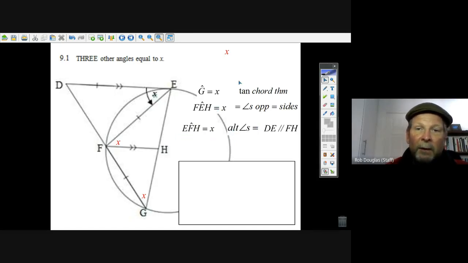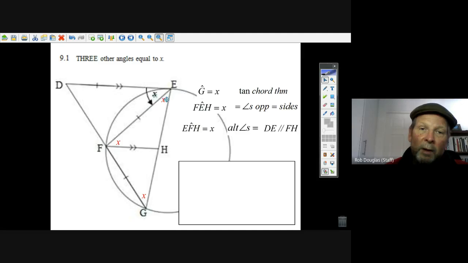And then the angle FEH, I think that might even be not quite right here. We could get another angle equal to X. Oh, we do. FEH must equal X.